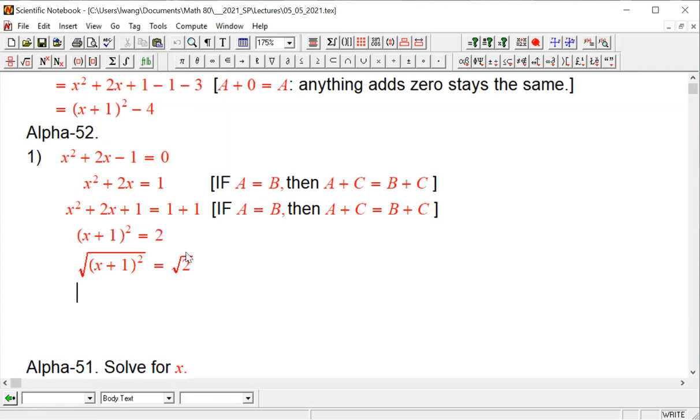In the whole process, we're operating under the if statement. If this is true, then that is true, and if this is true, then this is true. So we're working in an if statement context.